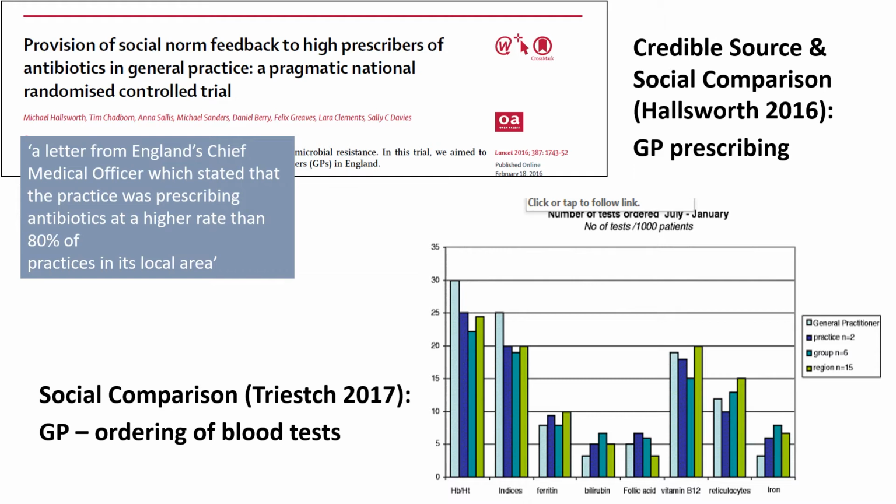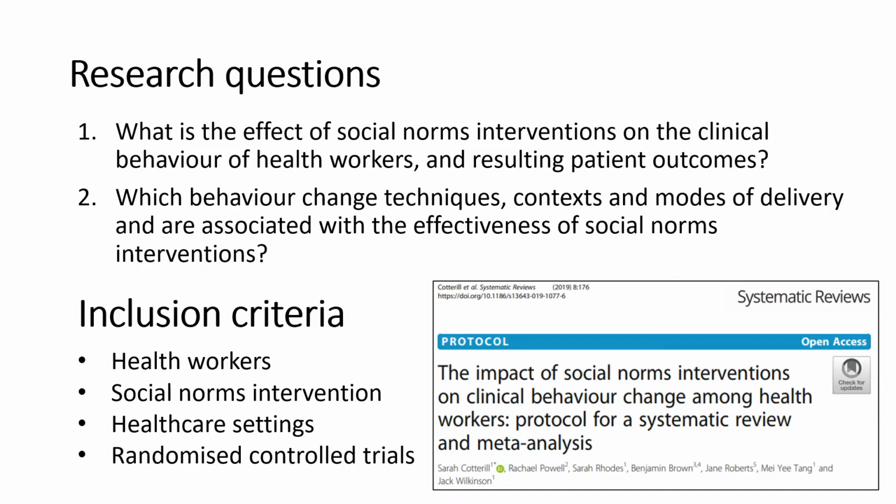The other study I'll highlight today is by Triyesh, also looking at social comparison. Doctors were sent graphs like this, which show the number of tests that they are ordering, shown in light blue, compared to the number of tests ordered by other doctors in their practice group or region, to try and influence their behaviour.